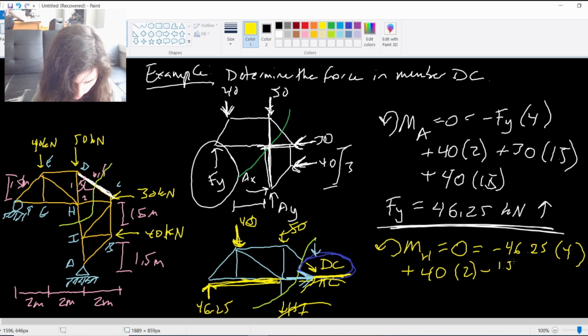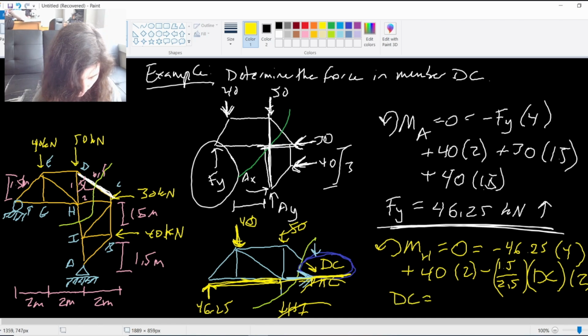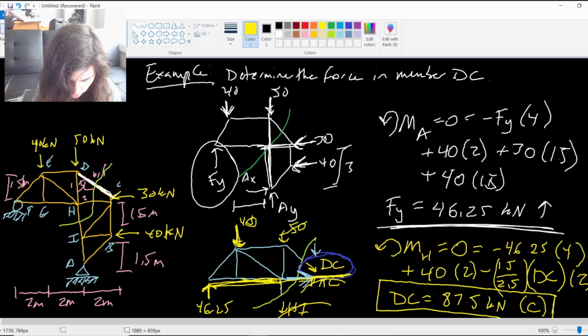So that is 1.5 over 2.5 is my ratio, times DC, and then times the distance away this is. This distance is 2 meters. So I do that algebra for DC, and I end up with a negative 87.5. Negative 87.5 means that it is in compression. So 87.5 kilonewtons in compression.